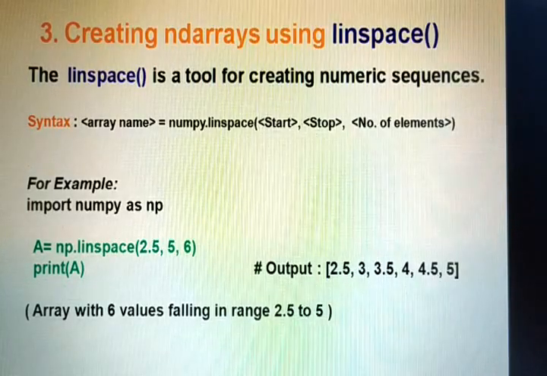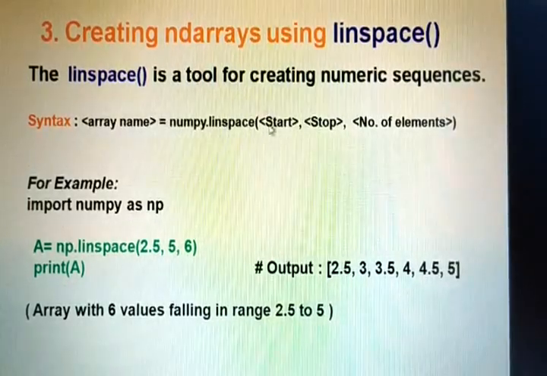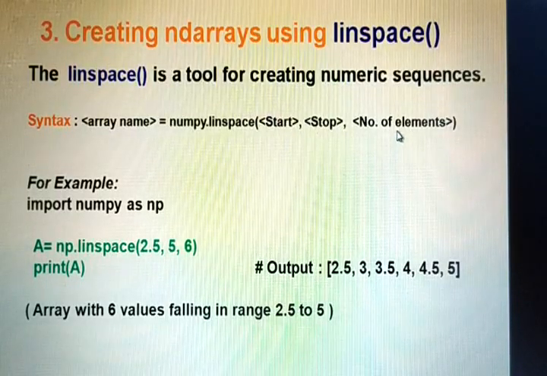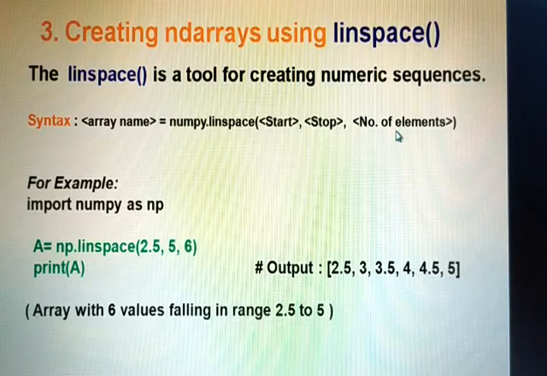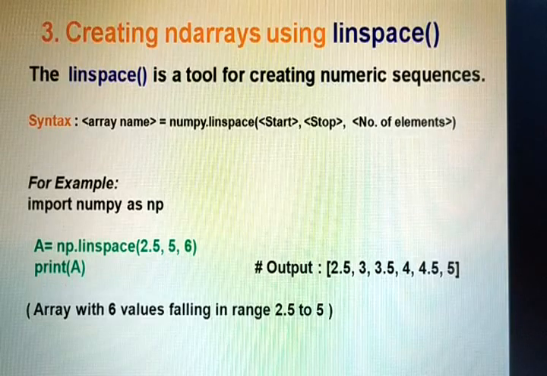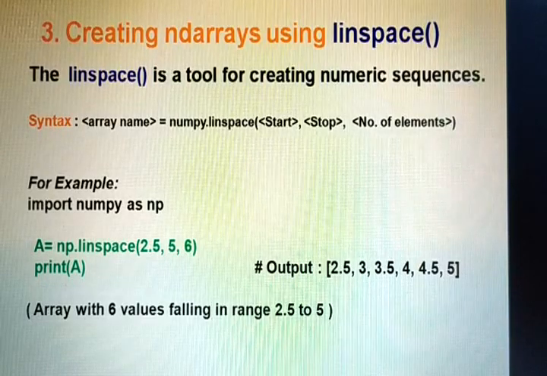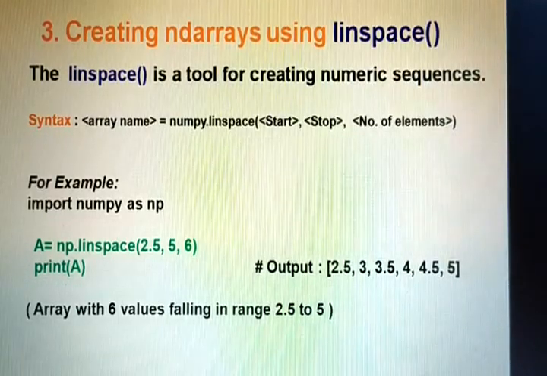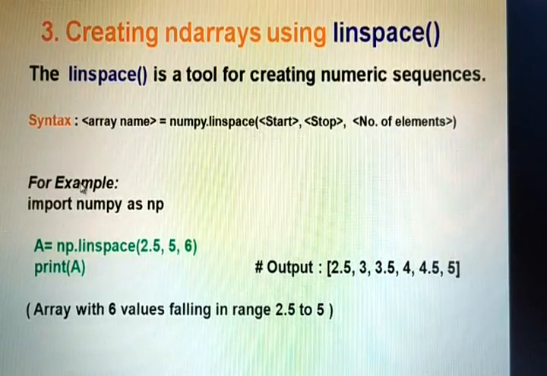So here: start value, stop value, and number of elements. Number of elements means the number of values to be generated for the array in between the start and stop values.